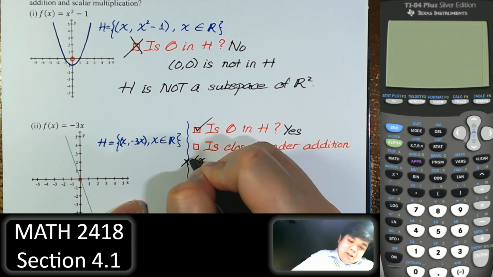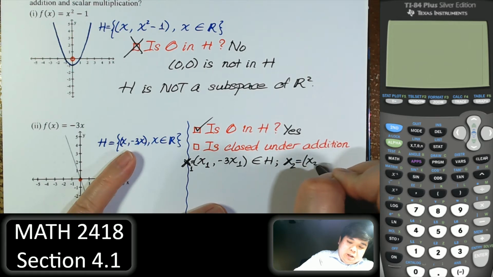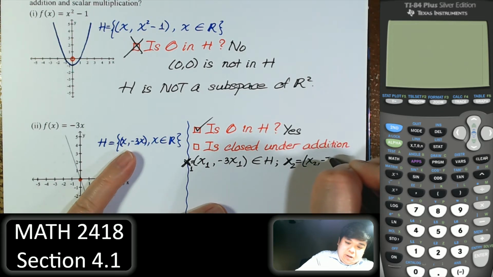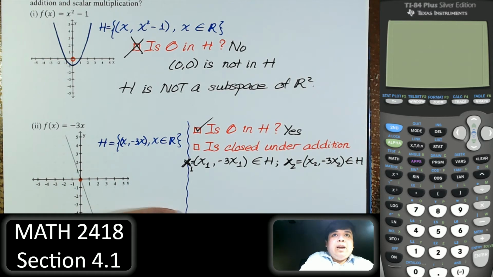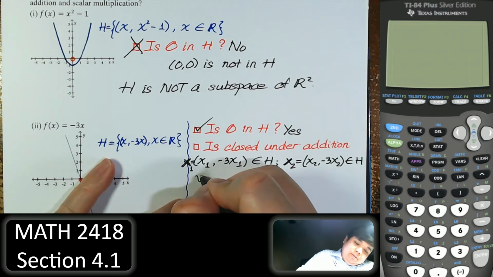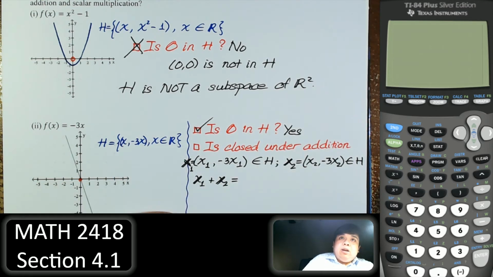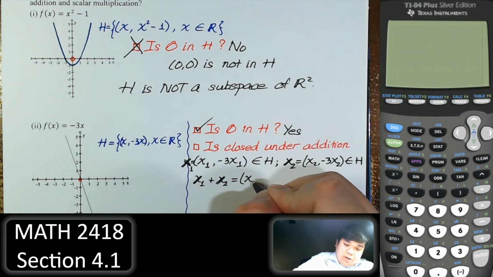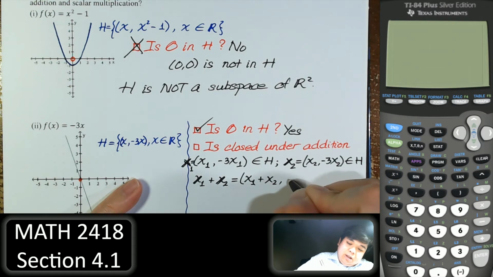Let's say this is x1 and then x2 will be x2 and negative 3x2, and that, because it is written in that form, is also in H. Now we will combine them. x1 plus x2, and then negative 3x1 minus 3x2.